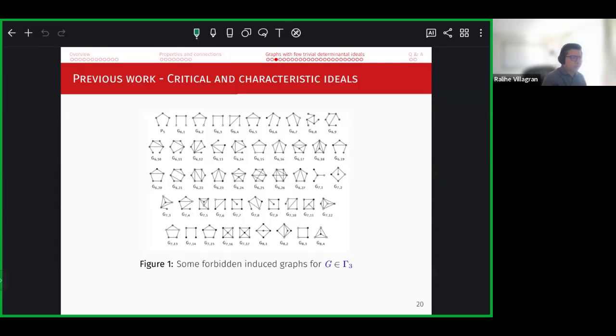So actually, here we are thinking, with the black vertices, we have cliques, and with the white vertices, we have independent sets. So all of these are forbidden induced graphs, and we think these actually characterize the problem, but still to find that characterization is difficult.